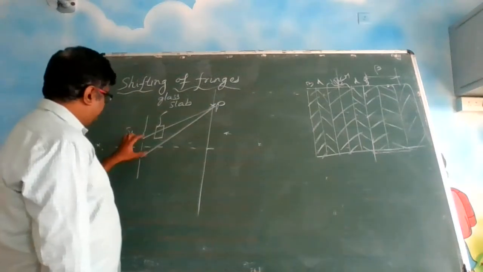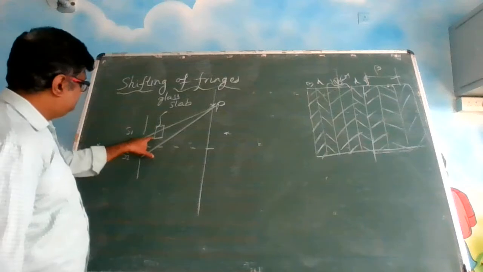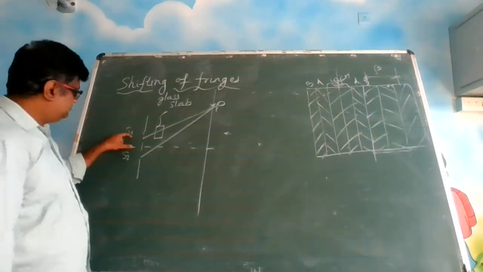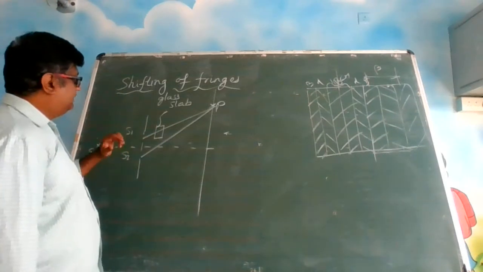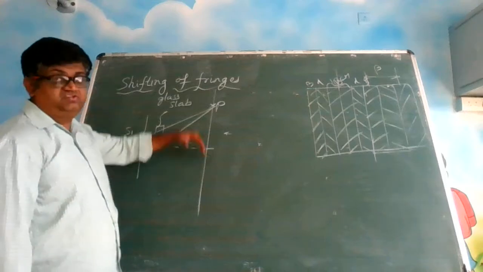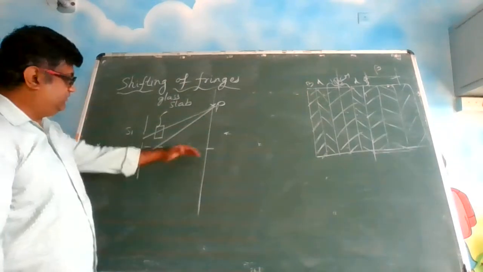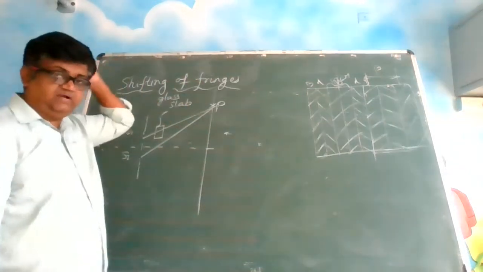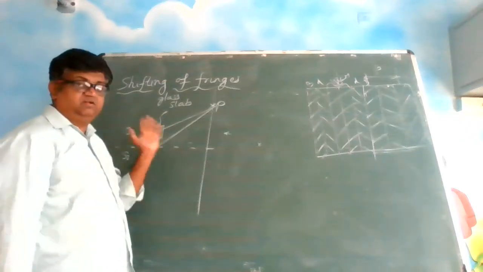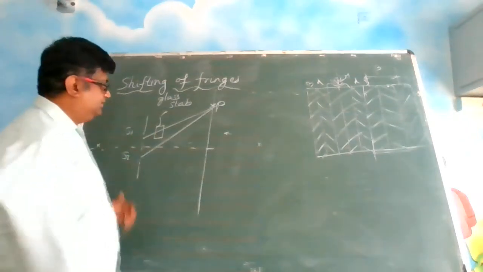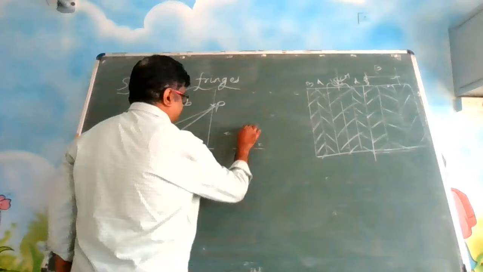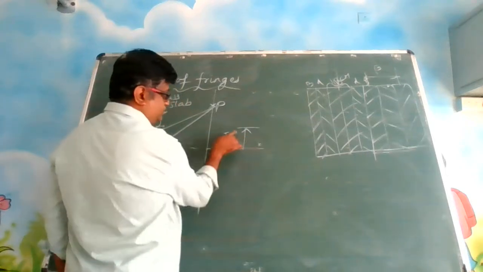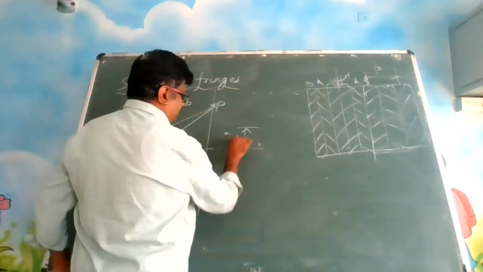Now when you put a glass slab in front of one of the sources, S1, what happens is the fringes shift. We are trying to find out how much that shift is. Let us say the fringe originally was supposed to be here.